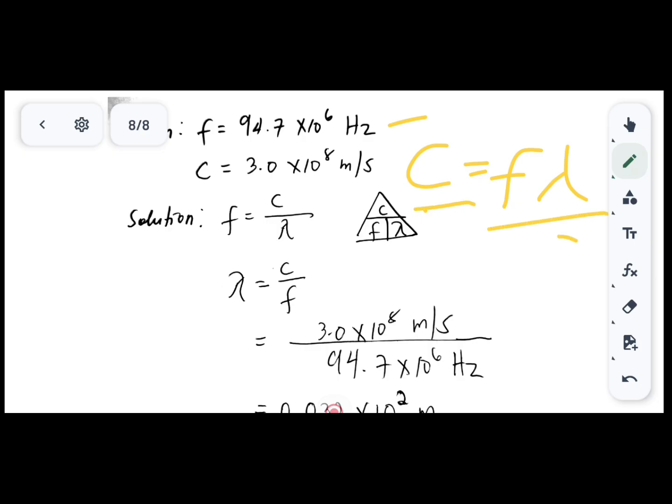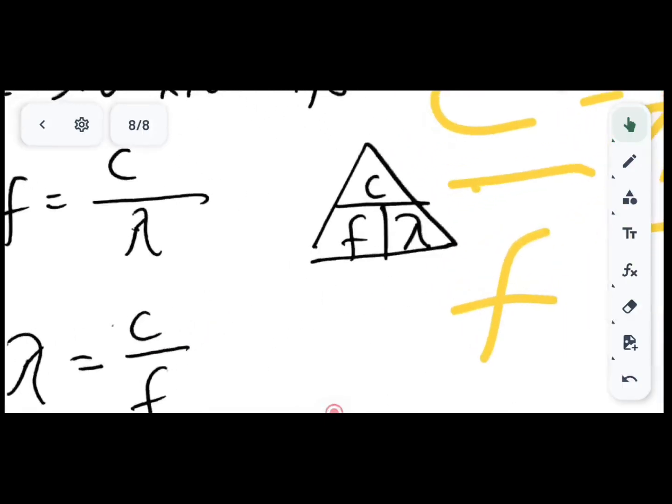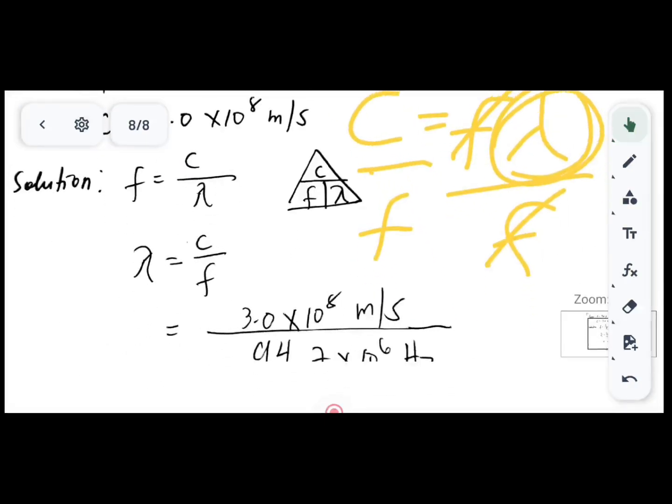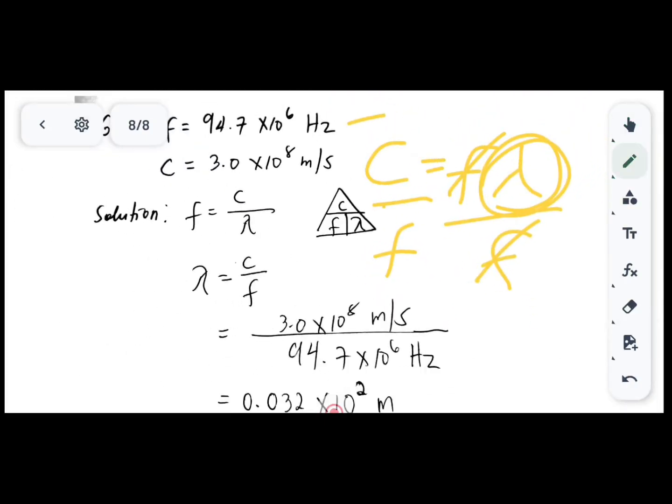So you have to divide both sides by frequency so that you can eliminate the frequency in the numerator and denominator and isolate the lambda. Lambda is equal to C over F. Or you can use the triangle expression here. You just have to cover the lambda and then you have the C over F. You can use that. And then the next thing that you need to do is substitution.